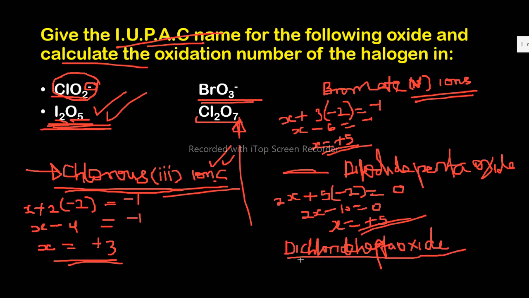And what is the oxidation state? Let's calculate it from here. Maybe let me get some different pen. So this will be 2x. We shall assume the oxidation state of chlorine to be x. 2x plus 7 into the oxidation state of oxygen, which is minus 2, should give us, what is the overall charge here?